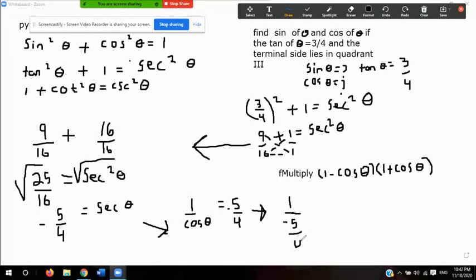And what we do with that is we divide it, which would be the same thing as saying 1 times the reciprocal, which is negative 4 over 5.